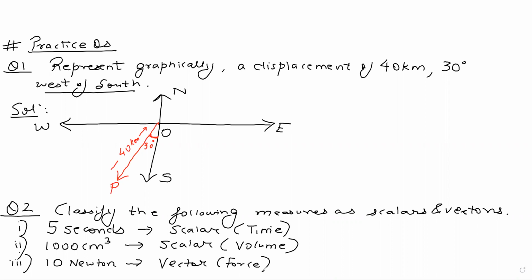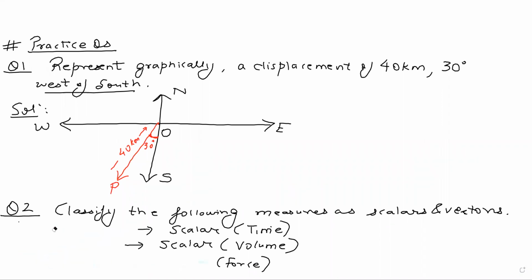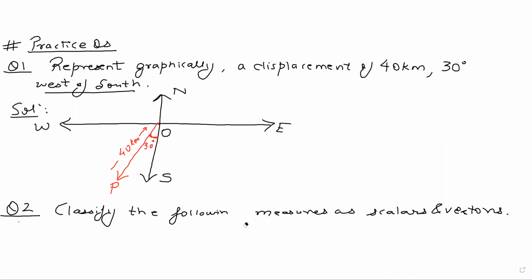Similarly, let's take more examples. The fourth example: 30 kilometers per hour. Now you can see this is speed, but there is no direction here.